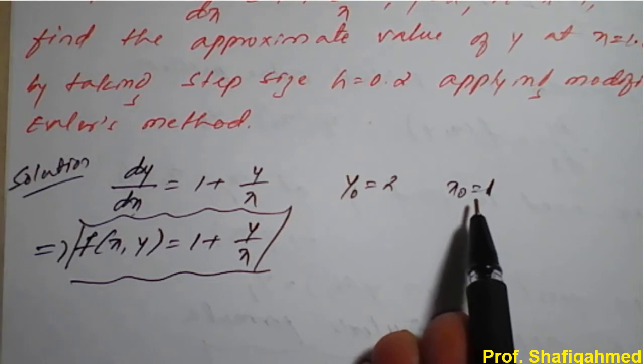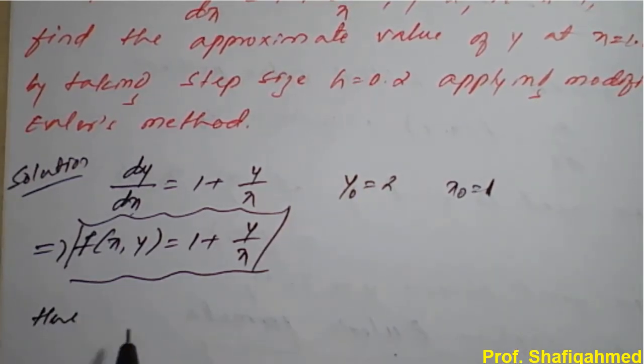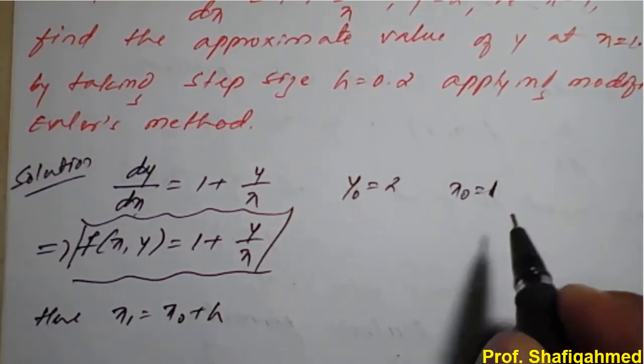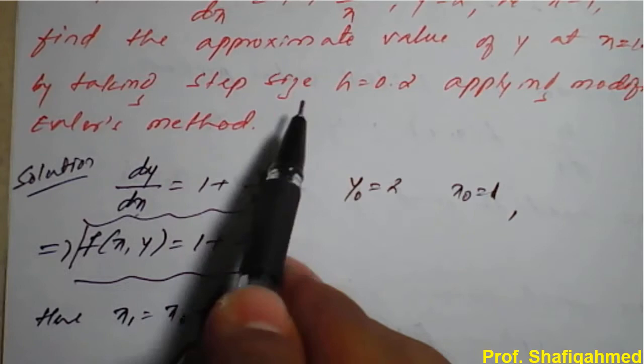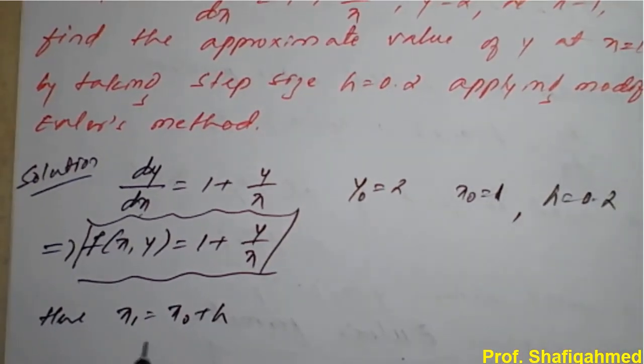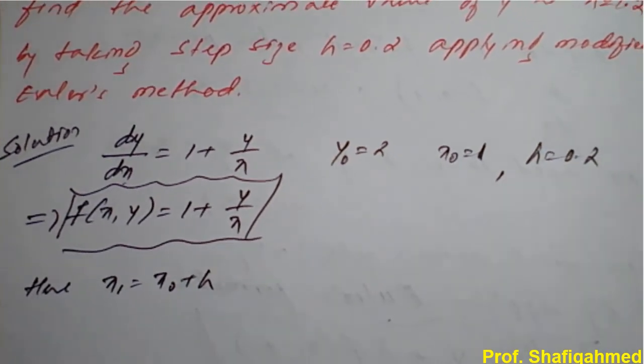Now we know that x1 is x0 plus h, and in the given question the step size h is 0.2. So the x1 formula is x0 plus h.